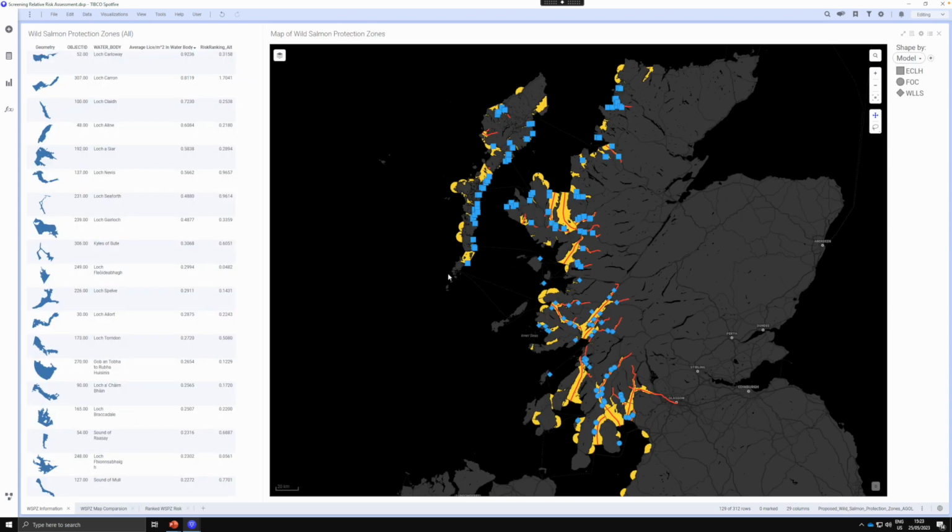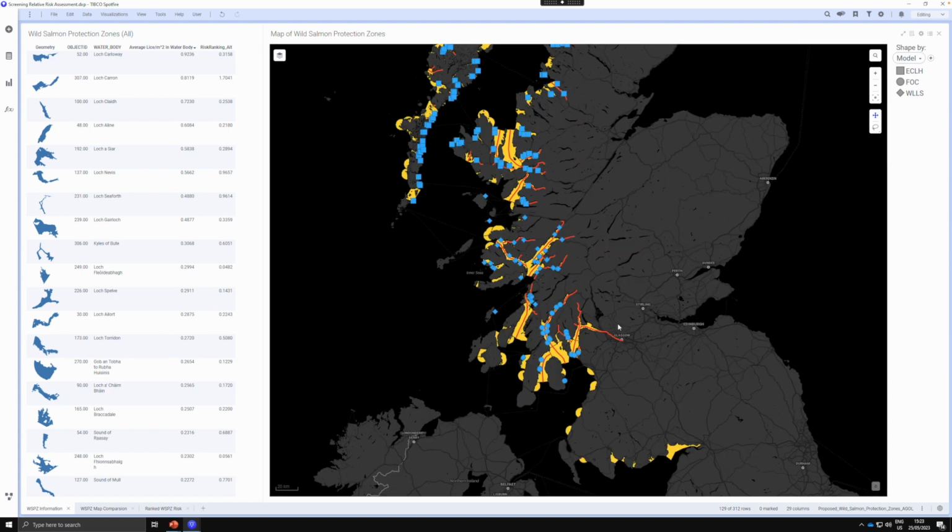This is another Spotfire app where the wild salmon protection zones are highlighted alongside the different sites that we've modelled. What we're trying to do here is come up with a basic risk assessment of the concentrations in each of the water body zones and what that means potentially for the risk to wild salmon from the modelled output.